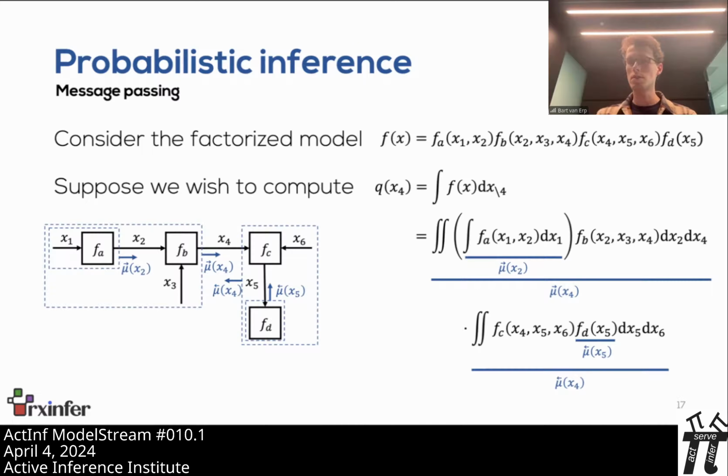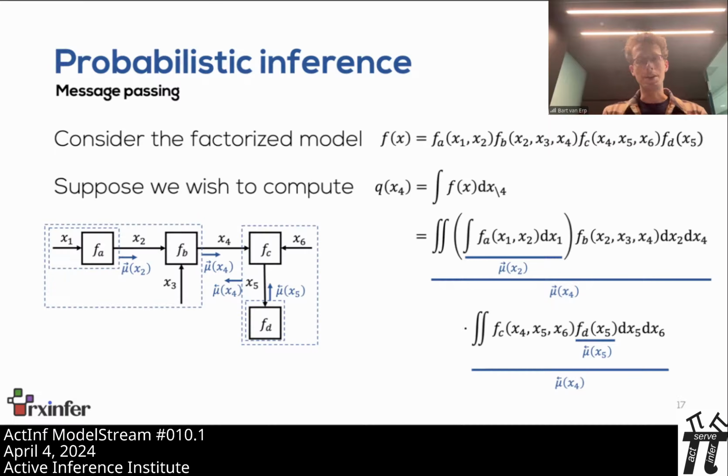And we can do this on all the edges and over all the vector nodes in our model. We can integrate over the single node fd, over the node fc, where we have an incoming message mu of x5. And what we end up with, and that's the interesting part, is that all these messages are relatively easy to compute. They're relatively small because they do not require this huge integration.